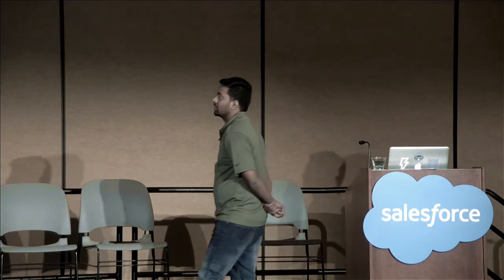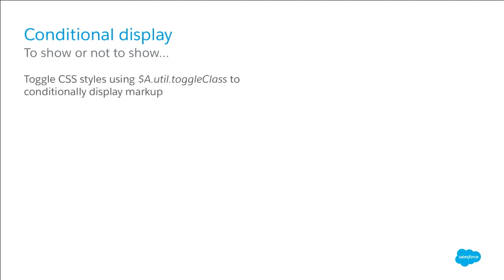All right, so we looked at attributes, events. Let's just look at some dynamic behavior. For example, conditional display, right? So you want to show or not to show. You're still thinking, should I show or not show, to be or not to be. You can use the general standard practice of CSS toggling.